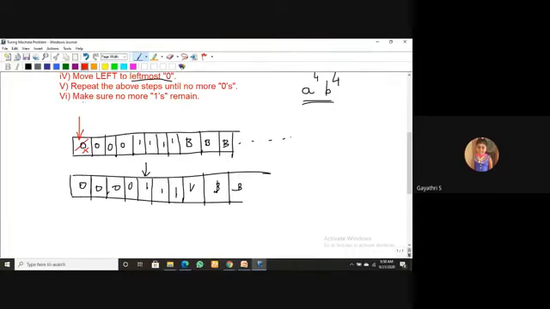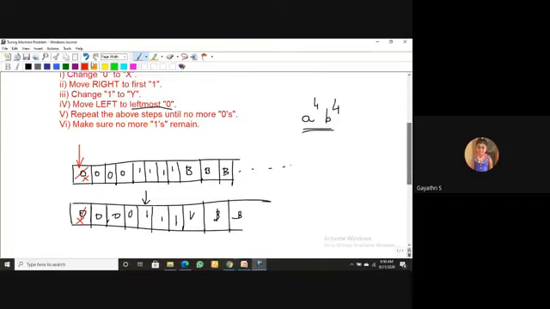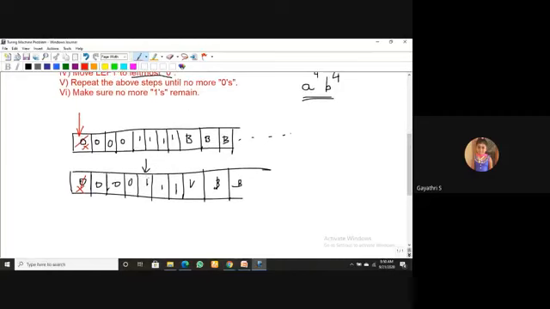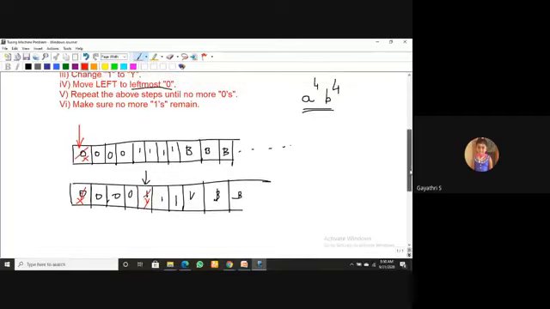And see, this 0 is replaced by x. While reaching the first 1, what's the operation based on your instruction? Change 1 to y, right? The 1 is changed to y. What's the next operation? Move left to the leftmost 0. How can you identify the leftmost 0? First, you move in the direction of left.